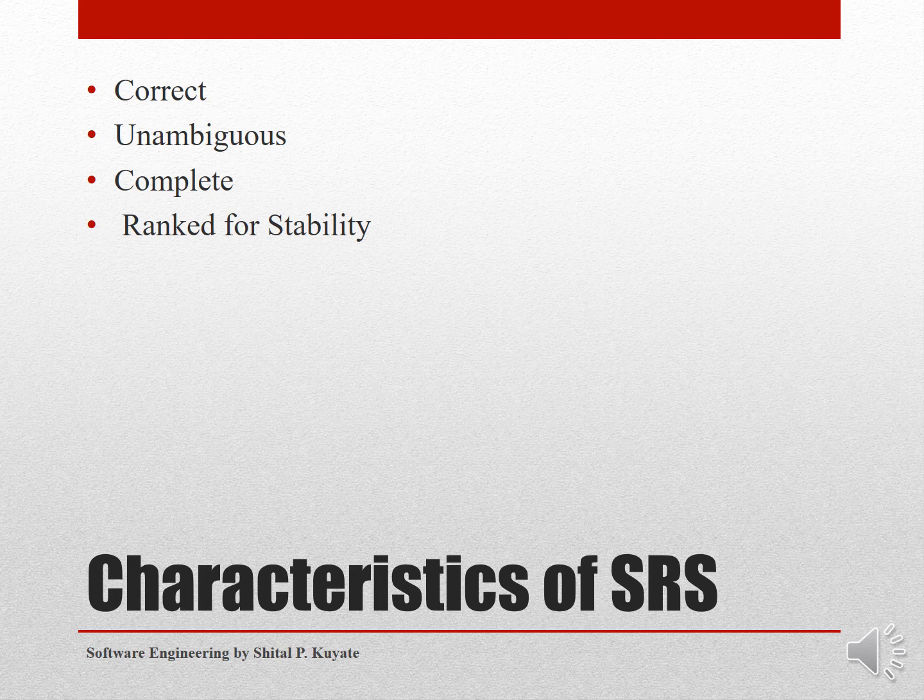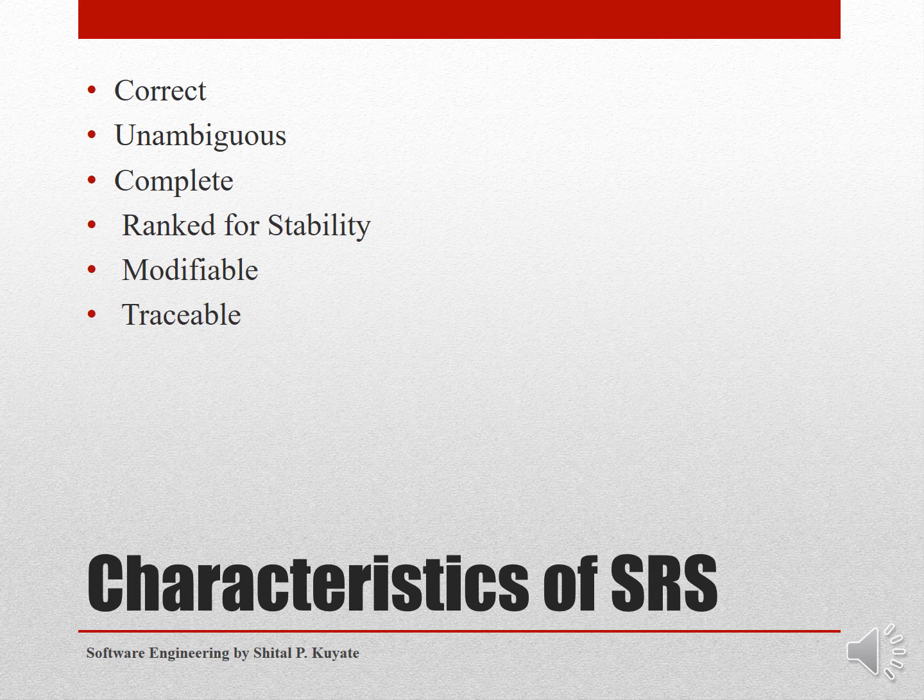Stability implies the probability of changes in the requirement in future. Then next one, that is modifiable. The requirement of the user can change, hence requirements document should be created in such a manner that those changes can be modified easily, consistently, maintaining the structure and style of the SRS.